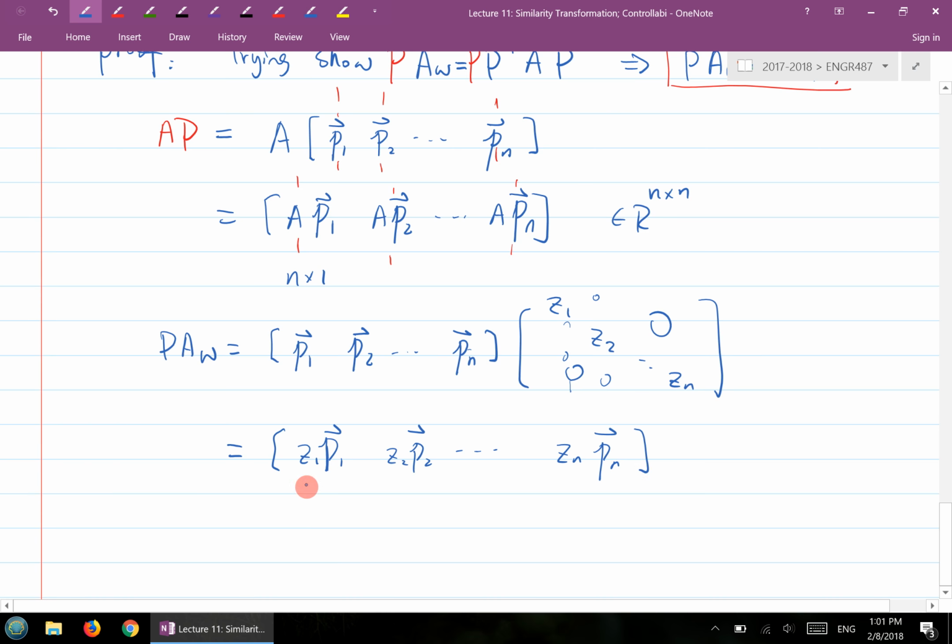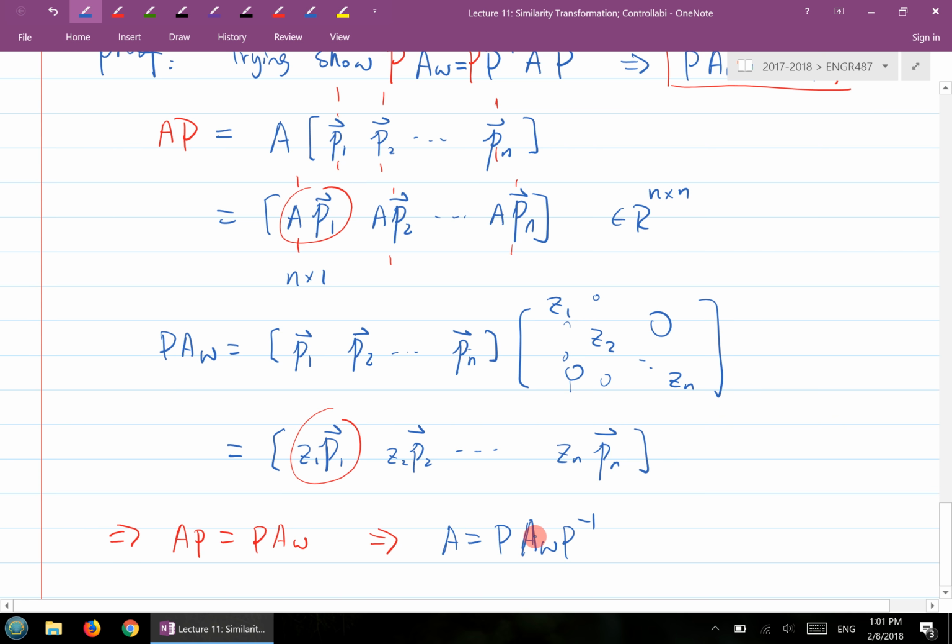So now, if you compare this AP and PAW right here, this element and this element, they're the same, right? That's basically what connects the eigenvalue, eigenvector, and the original matrix P. So that's why AP equals PAW, and of course we get A equal to P times AW times P inverse.